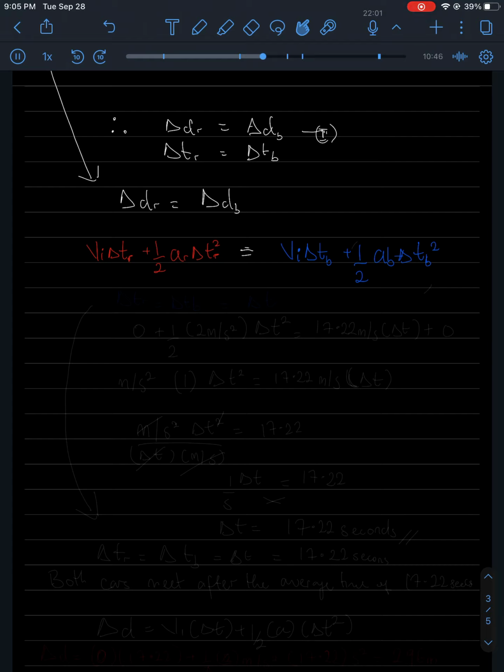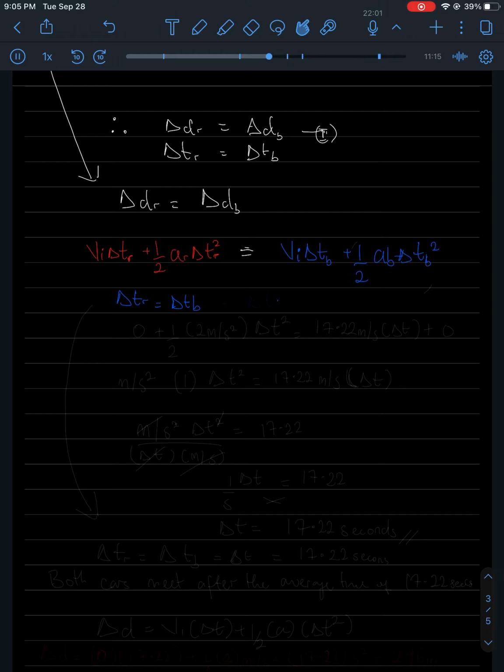Now we know, remember, delta tr is equal to delta tb, just as the distances are equal to each other, because we're talking about this specific point where the cars meet.